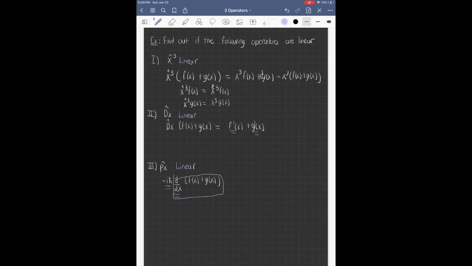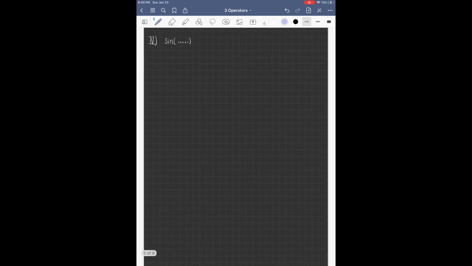All right. I think I pulled this example from your recitation. This is just an operator, nothing you're ever gonna use. It's just a made up operator. It's basically saying, whatever function is inside, I take the sine of it.